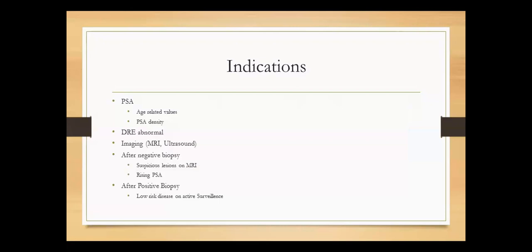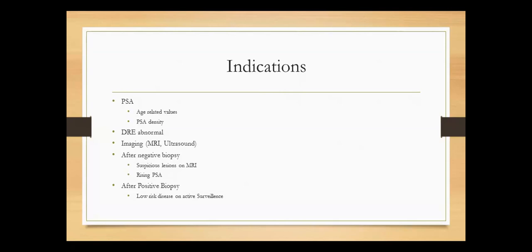The indications for prostate biopsy are age-related PSA values, PSA density which is higher than expected, and an abnormal DRE. We also recommend prostate biopsy on imaging: if you find any lesion that is suspicious for malignancy on MRI or ultrasound, then we advocate for biopsy.